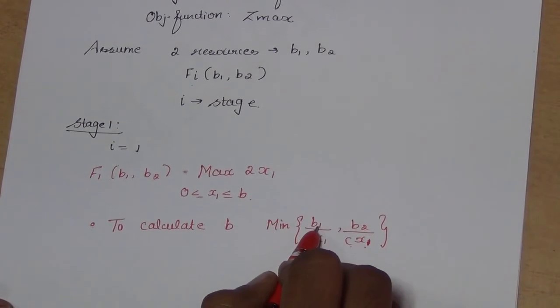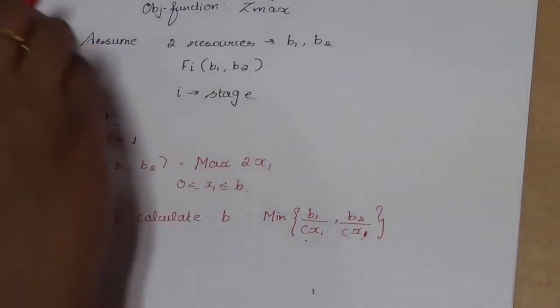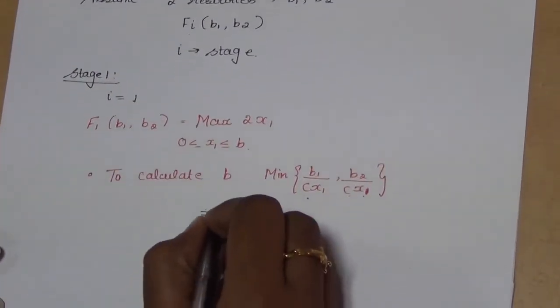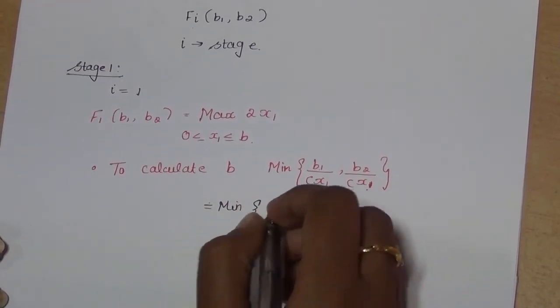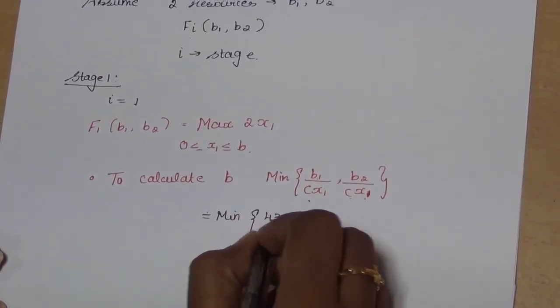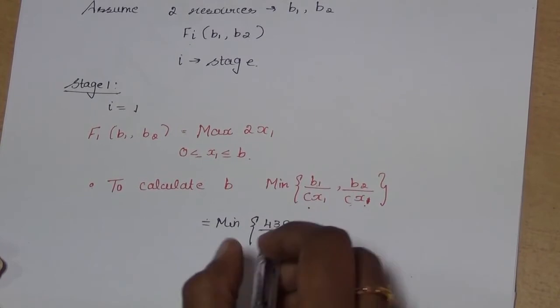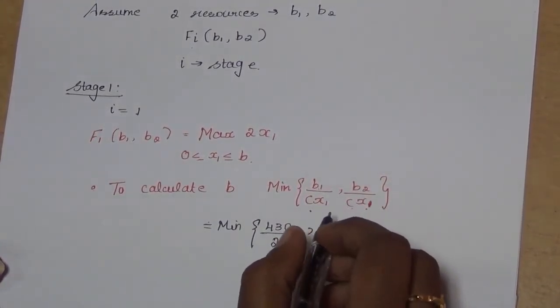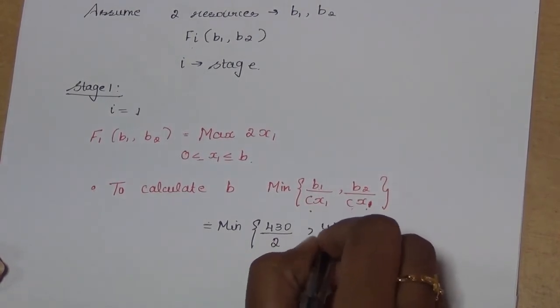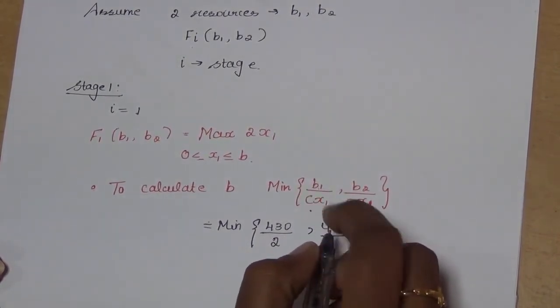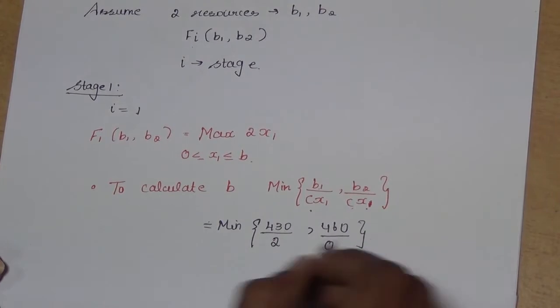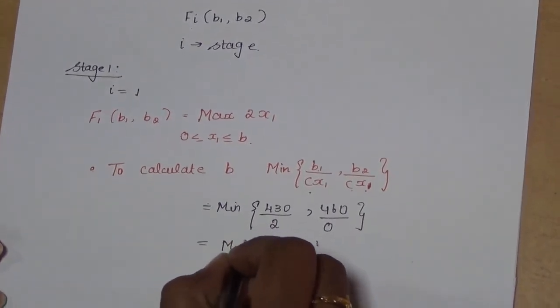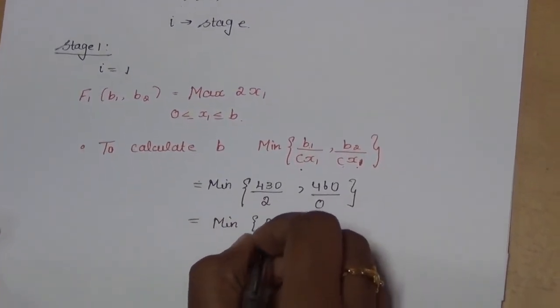b1 will be the right hand side of constraint number 1, so it will be the minimum of the right hand side of constraint 1, which is 430, divided by the coefficient of x1 in the first constraint, which is 2, and b2, the right hand side of constraint number 2, 460. Since there is no x1 in the second constraint, it will be 0. As we solve this, it results in a minimum of 215.